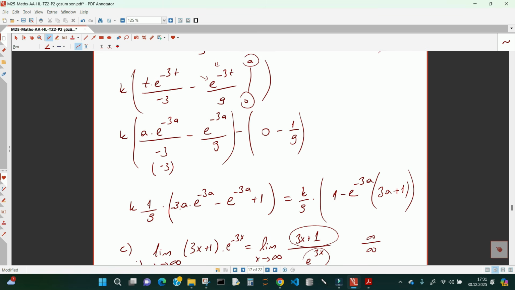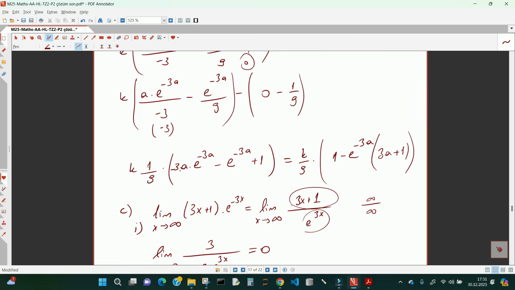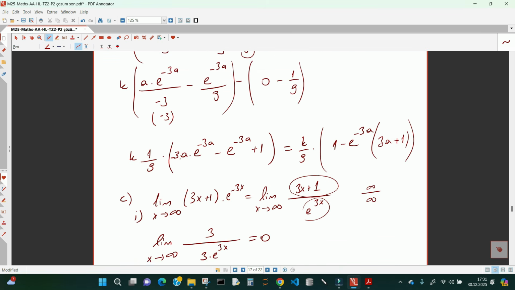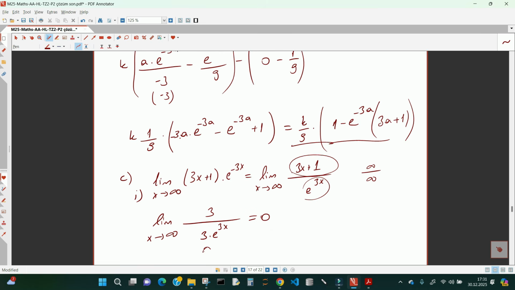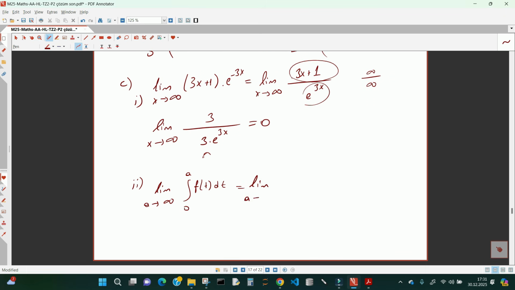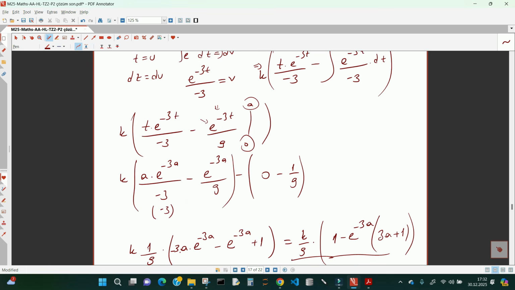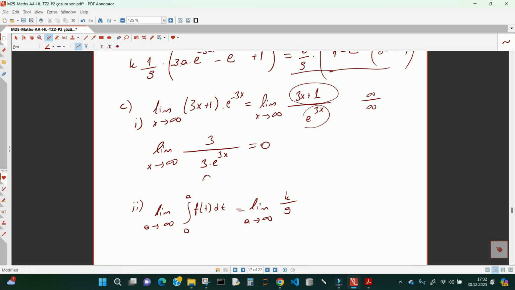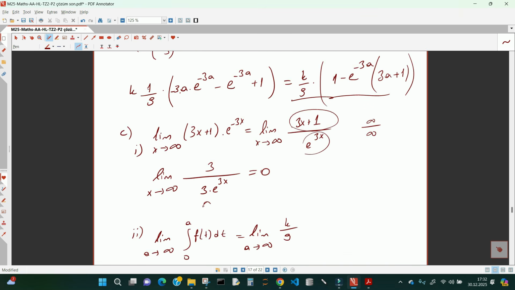We found it in the previous question, so I will use this expression here: as a approaches infinity, we find the limit of the function k over 9 times 1 minus e to the power of minus 3a times 3a plus 1.